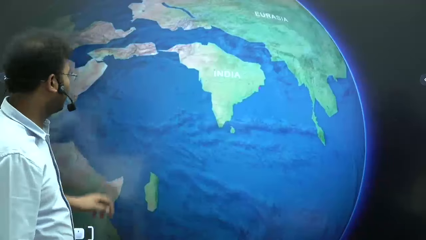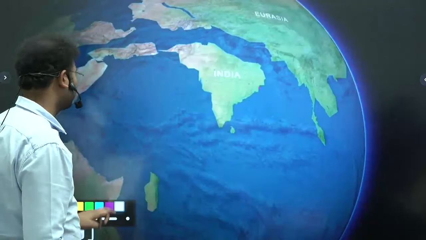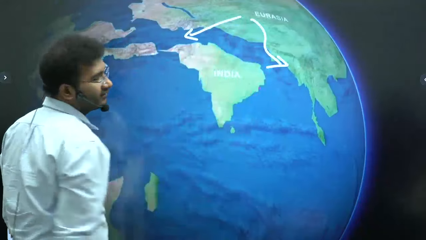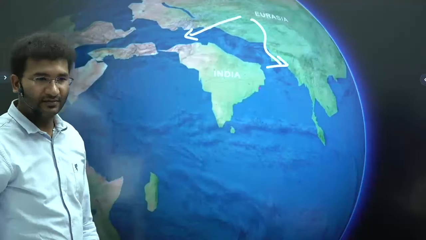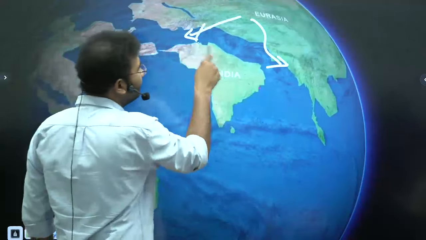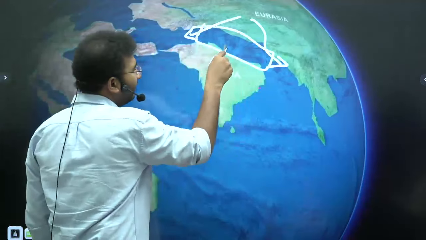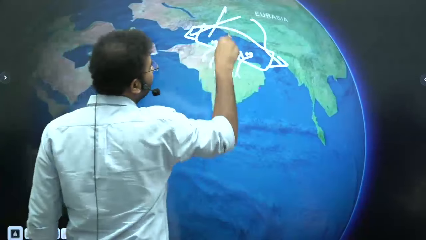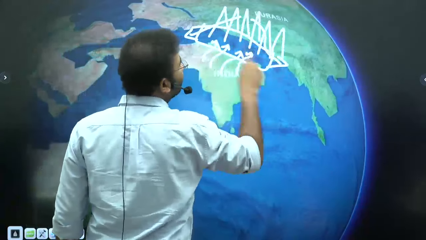The rivers used to flow like this. Your Indus river was present here and your Brahmaputra was flowing in this direction. The river was already there. The sea was already present. And there were few rivers which were flowing into this. In between, there are mountains that are formed later on.